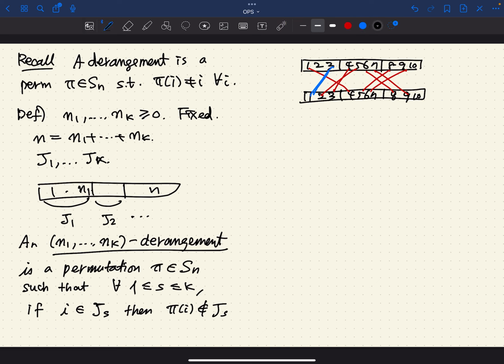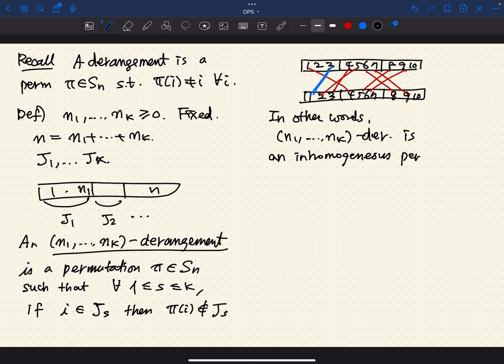In other words, a derangement is an inhomogeneous perfect matching on this. Okay, they are really the same thing.